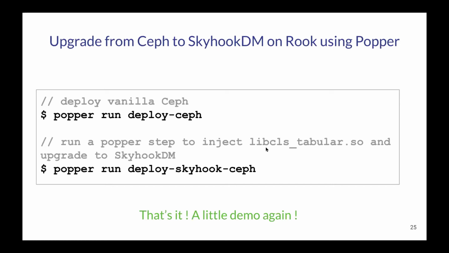It will apply the new Ceph config, and the new Skyhook Ceph image will already have these shared libraries inside it. So this makes it very easy. You make changes to Skyhook, you build the Skyhook image and run this step. So it is like make changes, popper run build Skyhook, popper run deploy Skyhook, and that's it. You can iterate on that.